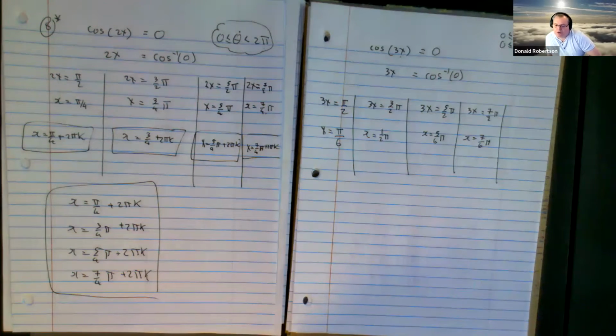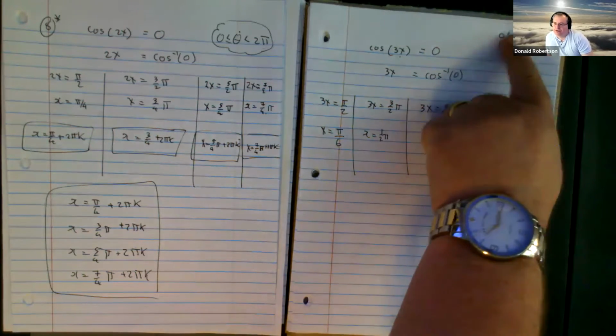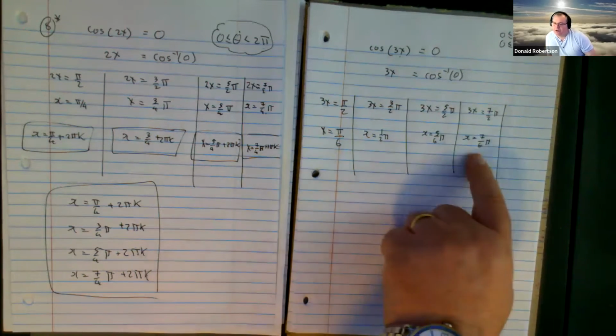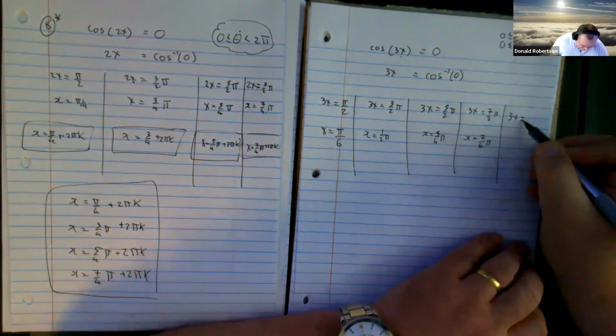Could I do any more? Could I squeeze in a few more solutions this time? All these answers are inside the 0 to 2 pi, right? Every single one of these. There are actually only 2 more. What would the next one be?